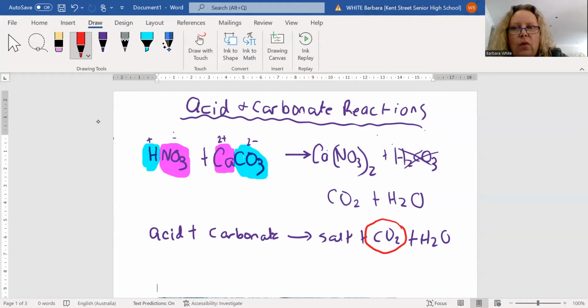And that's one of the signs that a reaction is taking place. So you get salt, carbon dioxide, and water every time you put an acid with a carbonate. And if you can't remember what the products are going to be, just colour in the H, colour in the NO3, swap it around and see what's left over.